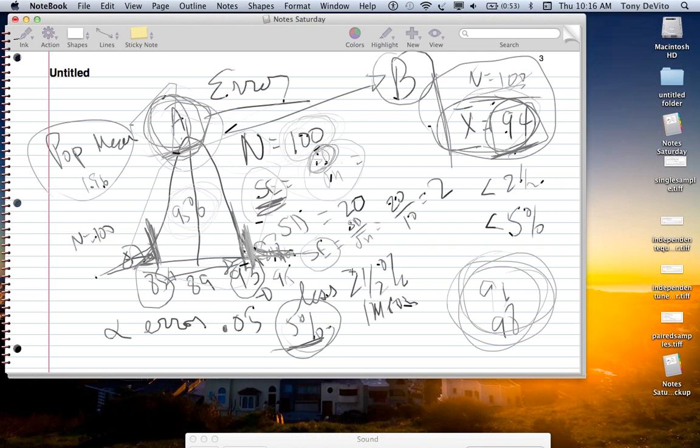So I'm going to reject the idea that they're the same, and say that those two are different. Your alpha error is 5%. What that means is that you have a 5% chance of being wrong if you say that they're different.